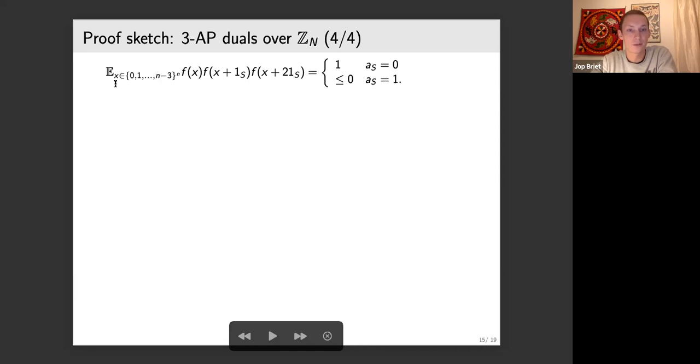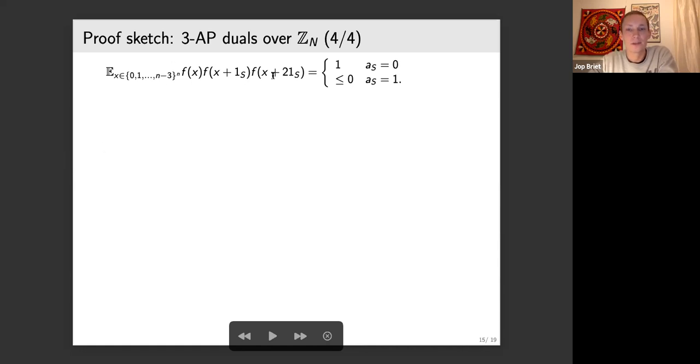If you take this average over x with coordinates between 0 and n-3, then the product of this function along a direction given by any 2-element subset is 1 if the coefficient of the Boolean vector that defined the function is 0, and it's non-positive otherwise. So it's starting to look like a point in the Boolean hypercube if we realize that this set A was arbitrary. Okay?